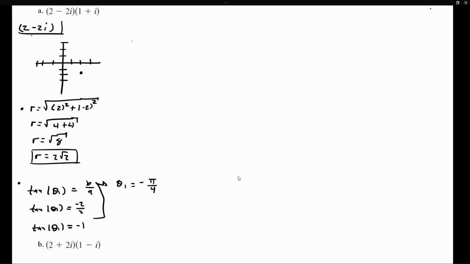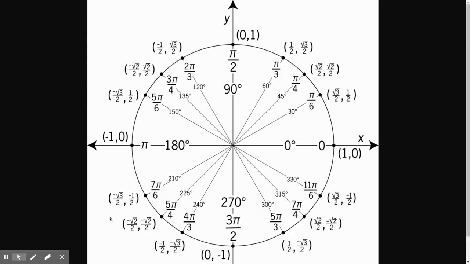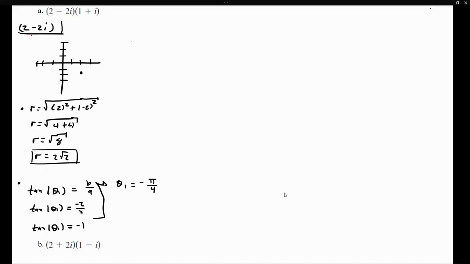So therefore, the only possible value that can give me negative 1 will be exactly 7 pi over 4, which is just equivalent to negative pi over 4. Because from here to here, that's 45 degrees. 45 degrees is pi over 4, so from here to here, it is 45 degrees, but in the negative direction, so negative pi over 4. So that's how we obtain this.